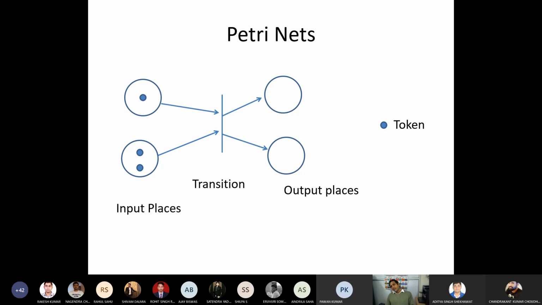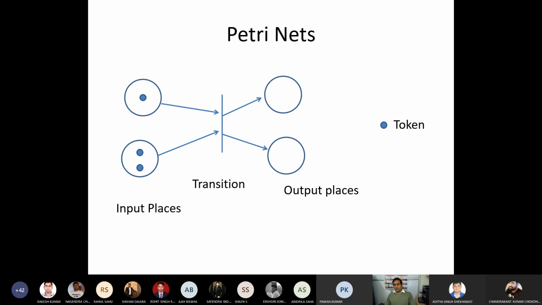This is the way Petri nets actually work. I will explain certain basic concepts through examples, and then you will be able to understand. As of now, it requires a certain number of tokens in the input places. Input places are the places connected to a particular transition. For this transition there are two input places.